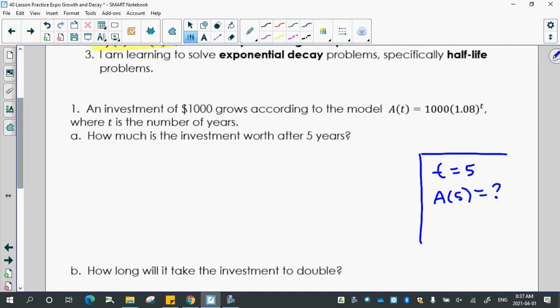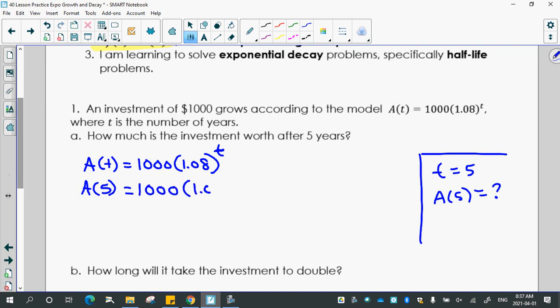Okay, so I'd probably just copy the formula down first. To the t. And then I find that amount at 5 years by substituting 5 in. Amount at 5 years is 1,000 times 1.08 to the power of 5.